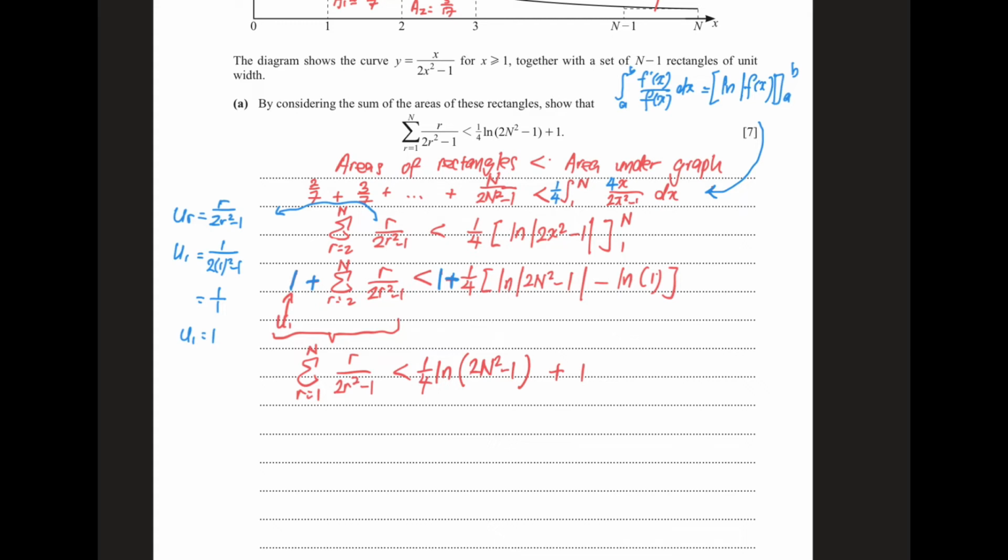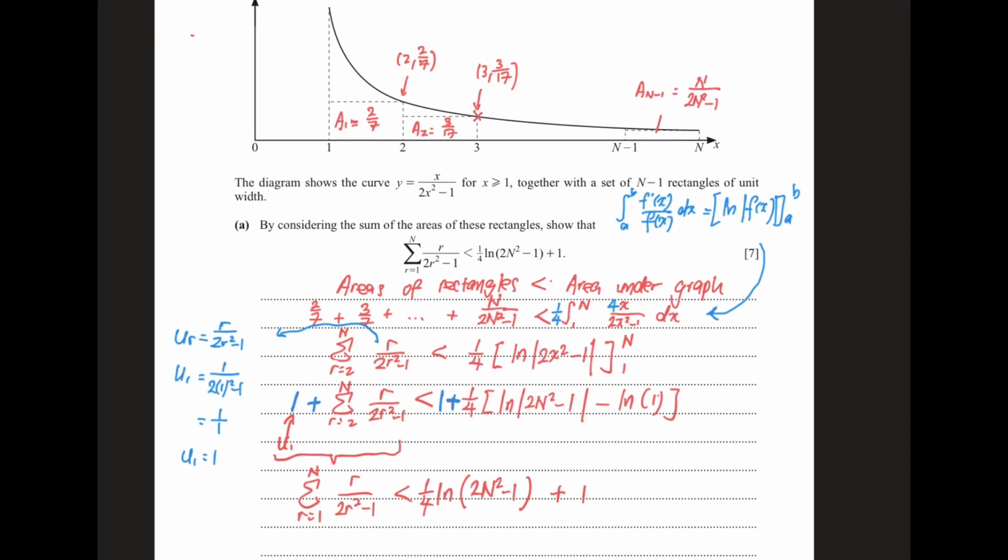If you're wondering how come this is a modulus and how come I change it to bracket, after all, modulus is not necessary here because when you do integration of this graph, you will get a positive value.